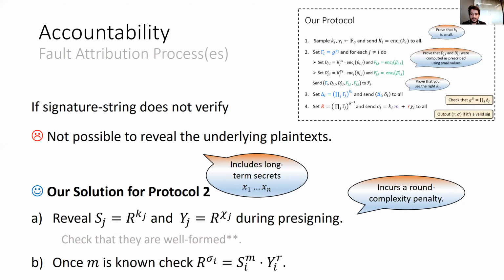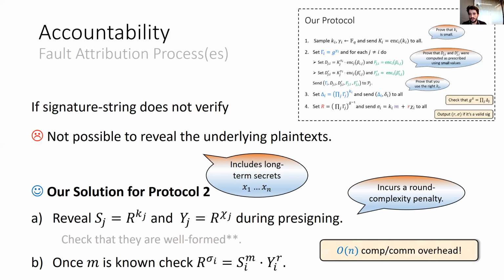Then, once the message to be signed is known, we can check validity of the signature share in the exponent via the formula displayed at the bottom of the slide. The resulting identification process only incurs a linear complexity penalty in the number of parties, and it only requires storing 2 group elements per party in the non-interactive mode of operation. Good.